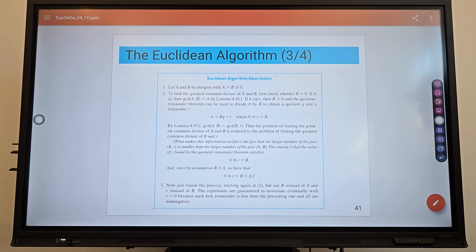The reason is that the value of r found by the quotient remainder theorem satisfies r is less than b and greater than or equal to 0. And since we assumed b is less than a, we have 0 is less than or equal to r, which is less than b, which is less than a. Now just repeat the process again.